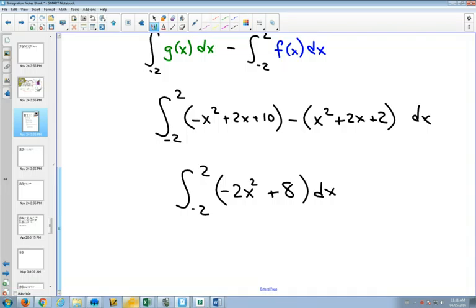In fact, that does make sense to put them together because you can see that there's a lot less integration that you have to do. And when you have to evaluate, there's a lot less evaluating that you're going to need to do.